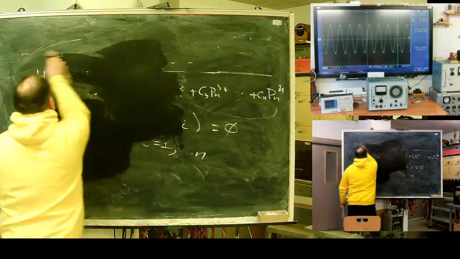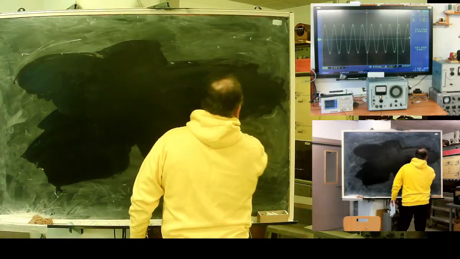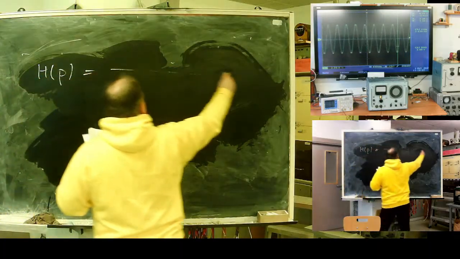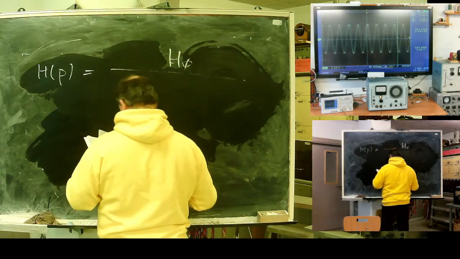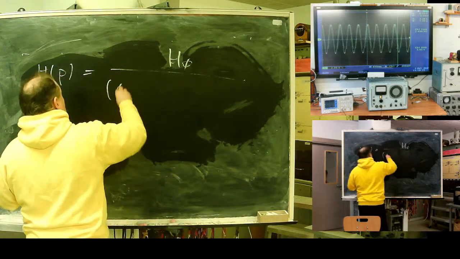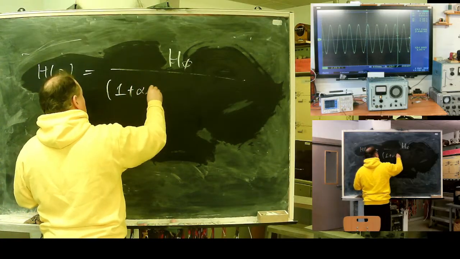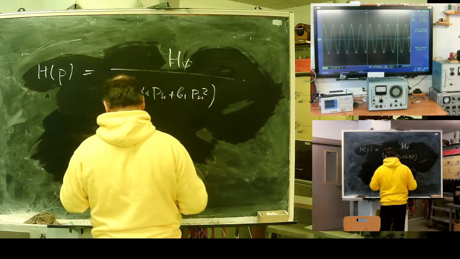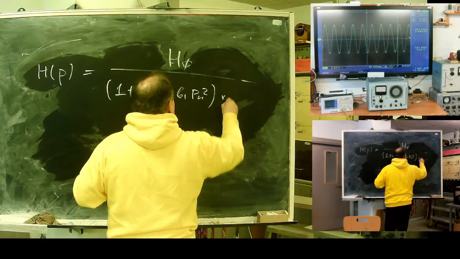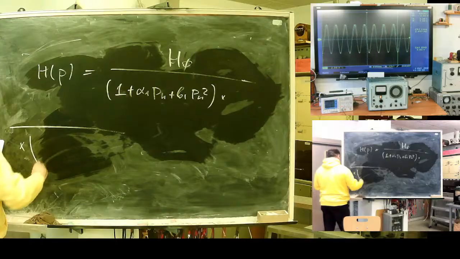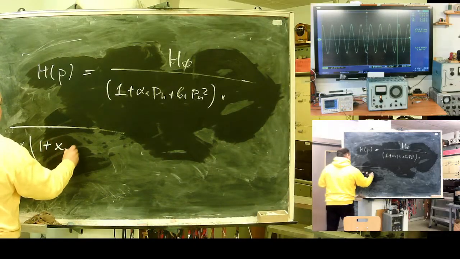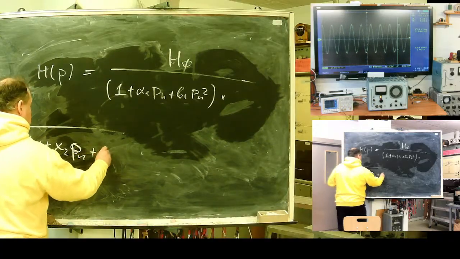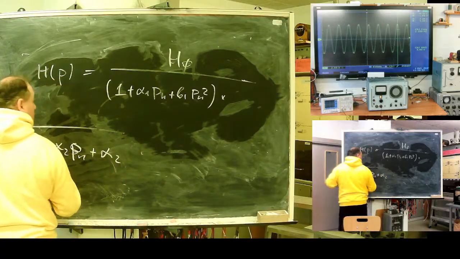Because factorization of high rank polynomials isn't an easy task, sometimes it's easier to work with 1 plus alpha 1 Pn plus alpha 2 Pn square multiplied by 1 plus alpha 2, sorry, no, it's chaos.